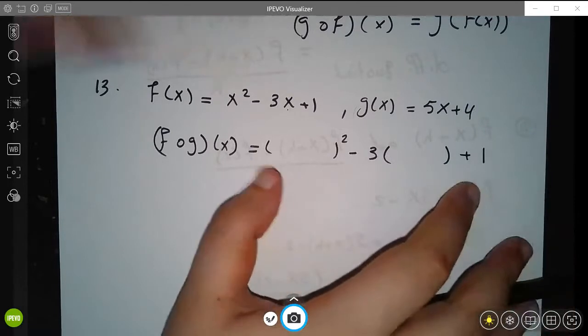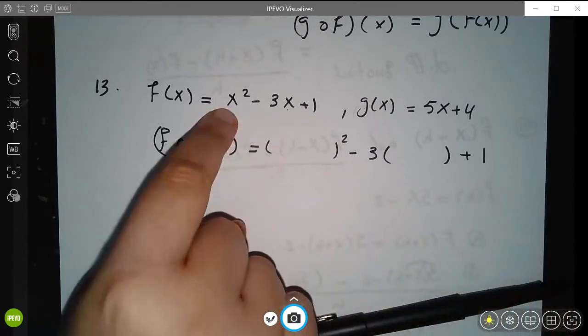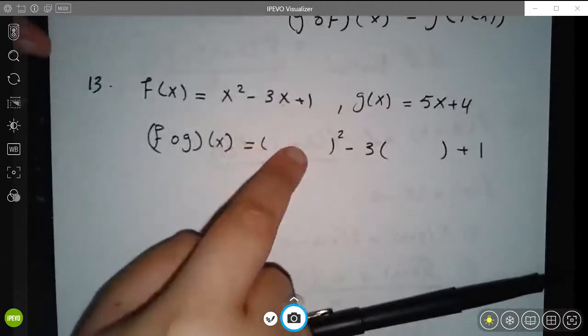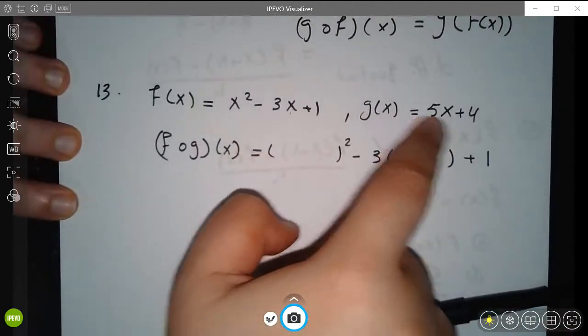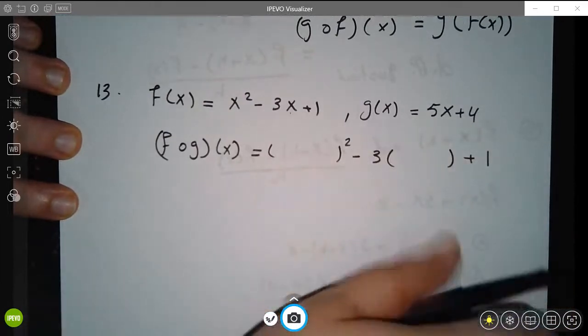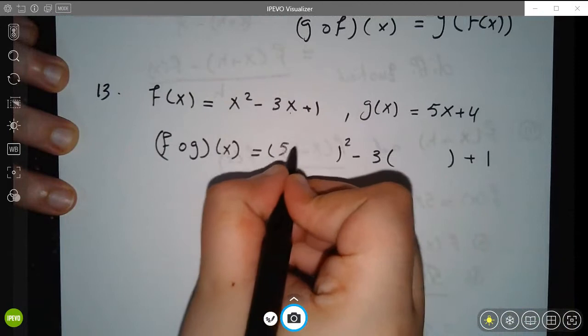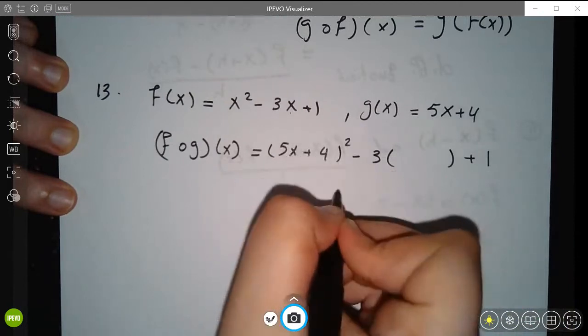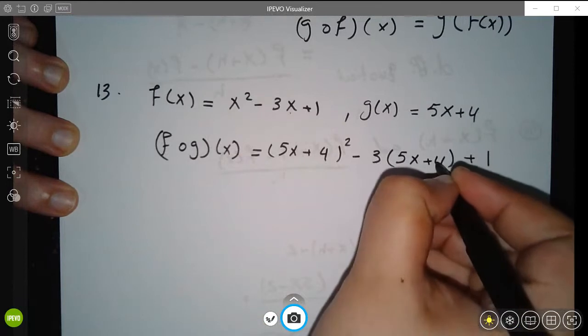What I did here was write f of x, and I just left the value of x itself blank. I left enough room because I know I'm going to plug this whole thing in here, because g goes in. So we have 5x plus 4 in here, and 5x plus 4 in here.